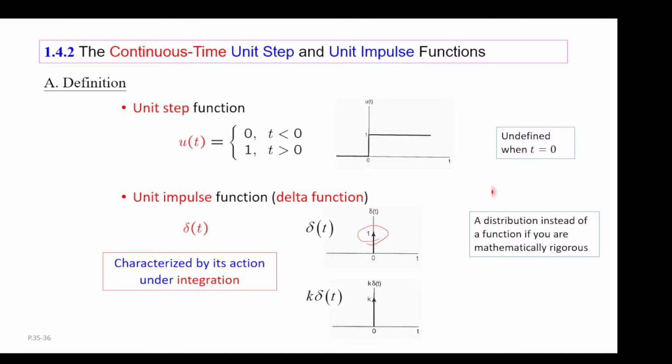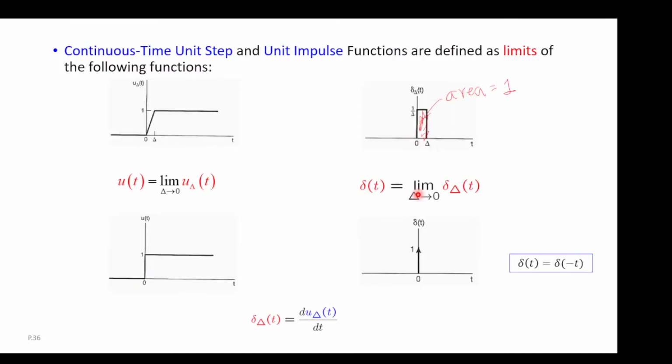Then for the delta function, similarly, you take the limit as triangle goes to 0 of delta sub triangle. This is really funny, because 1 over triangle goes to infinity as triangle goes to 0, and the width goes to 0.